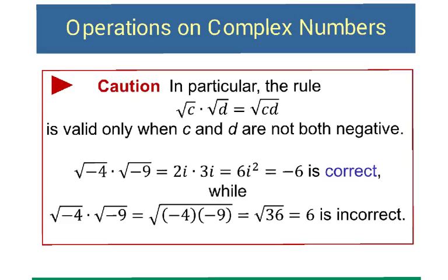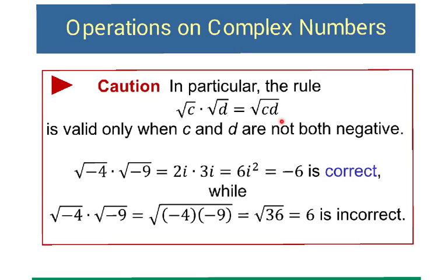And in this case, we end up with 2i times 3i. And then we multiply those together to get 6i squared. i squared, as you've seen in a previous slide, is negative 1. So the correct answer for this is negative 6.